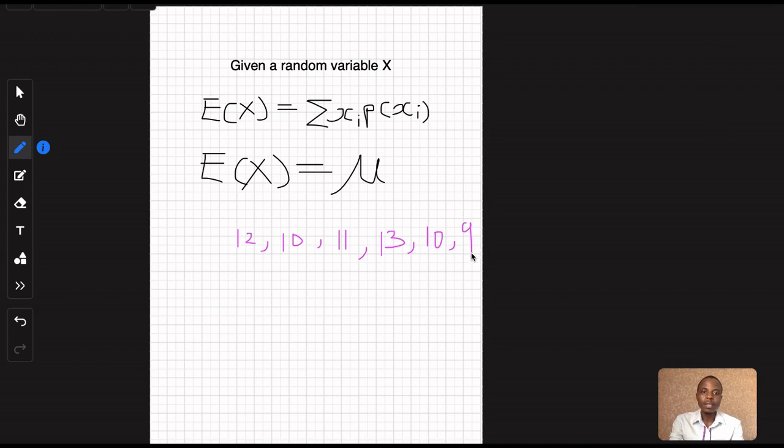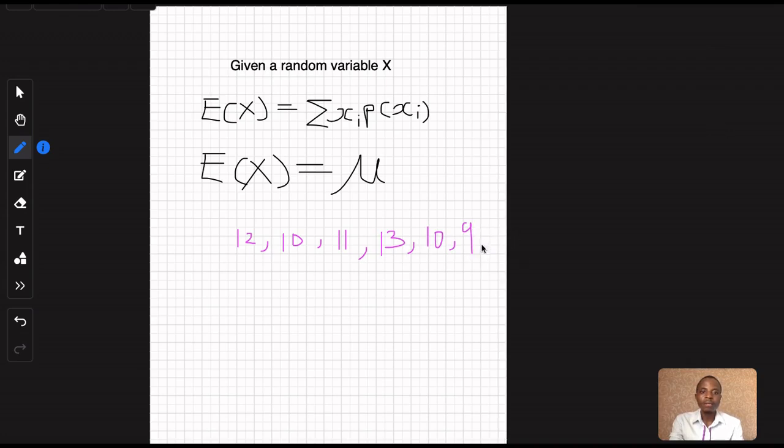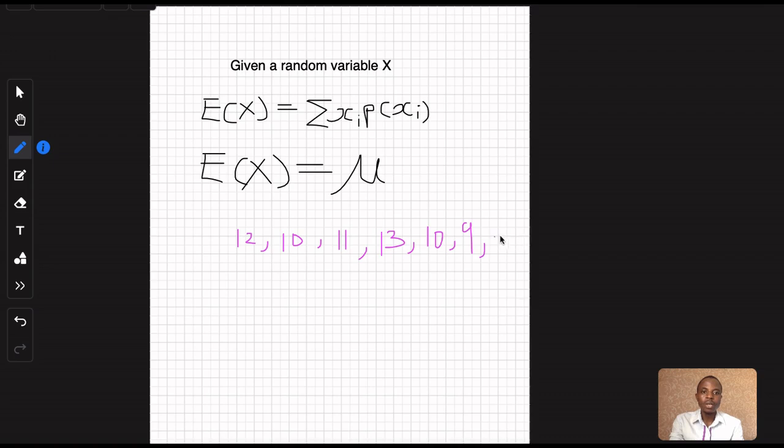Now, supposing that there are more than this, let's assume the ages continue and maybe we have like 100, okay, in a class, let's say 20 of them, but to make it easier, let's just assume that we only have 6 people in the class.